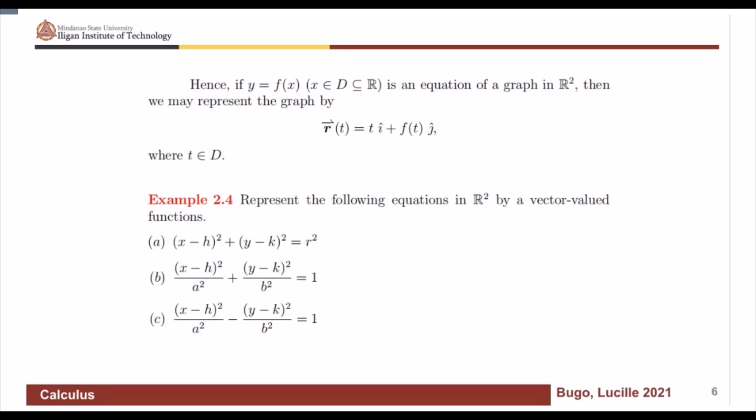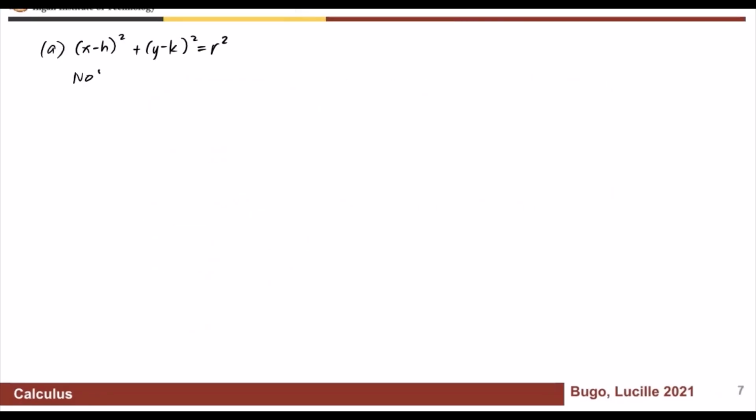So we may represent it as, notice that we have an r squared on the right side, so we can use this identity equal to 1 as x minus h over r equal to cosine t, or that x minus h can be written as r cosine t.